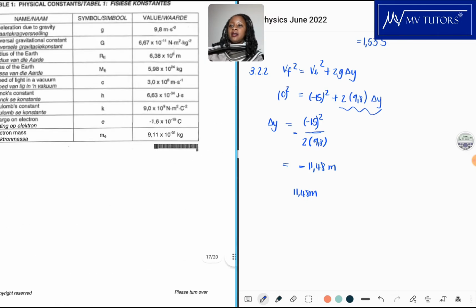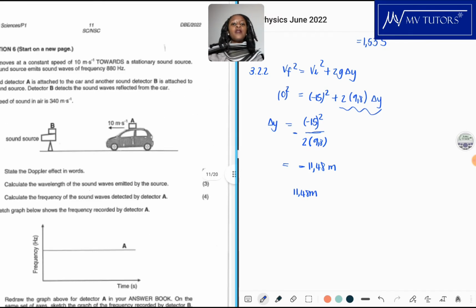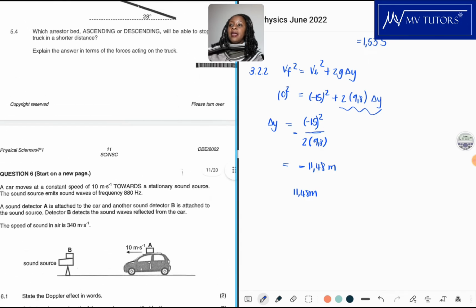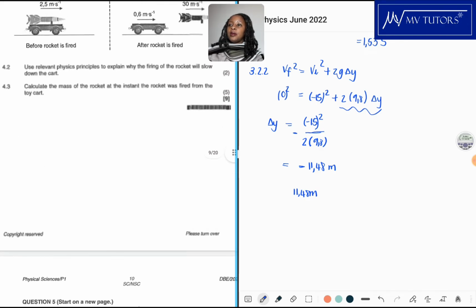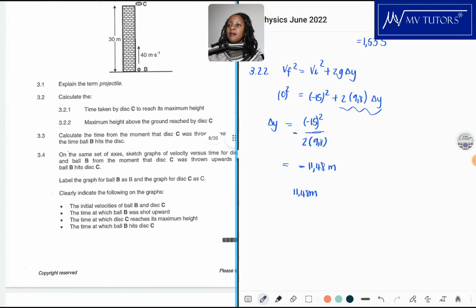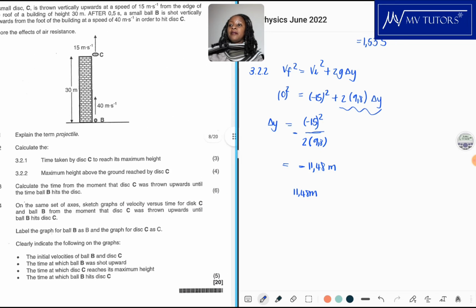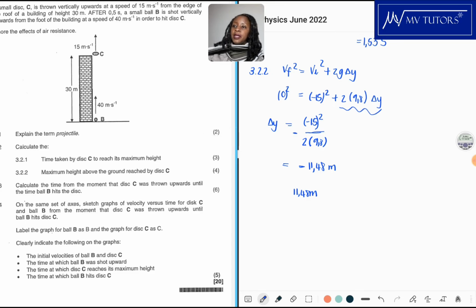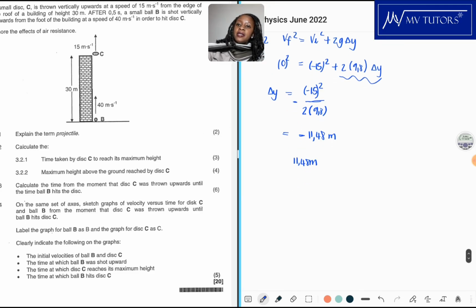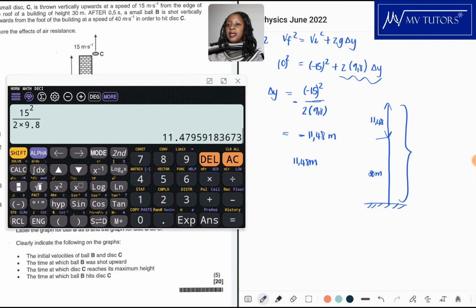But that is not what they asked. They didn't ask from the top of the building to the maximum height. They actually asked for the maximum height above ground, not above the building. So if we have 30 meters, okay, and this is all above ground, and then we have an additional 11.48, what will the final height above ground be?